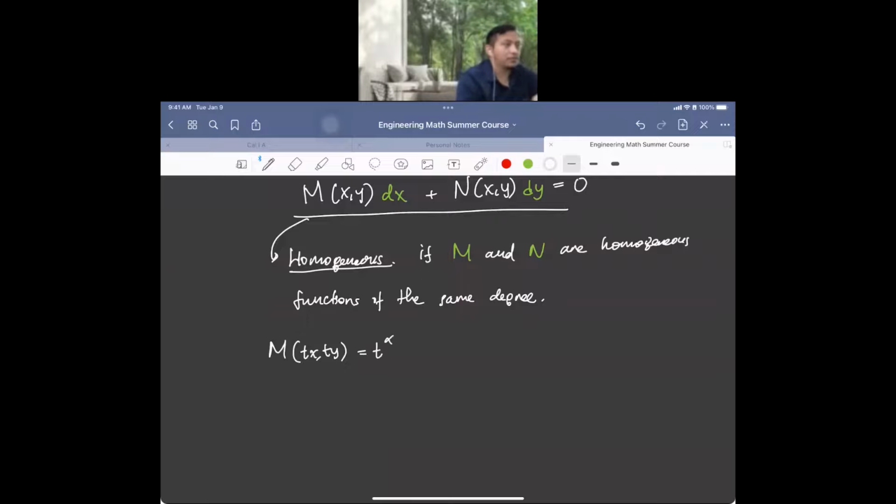So it's t to the power of alpha times M(x, y), and N also the same. Okay.